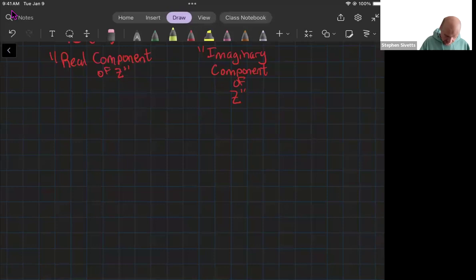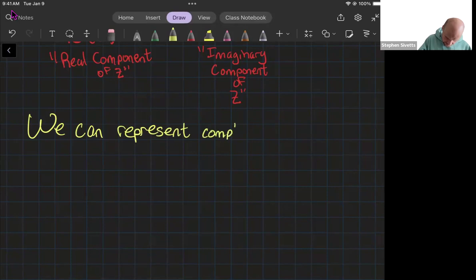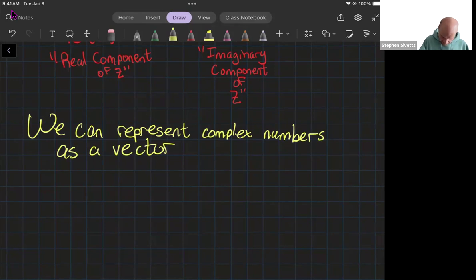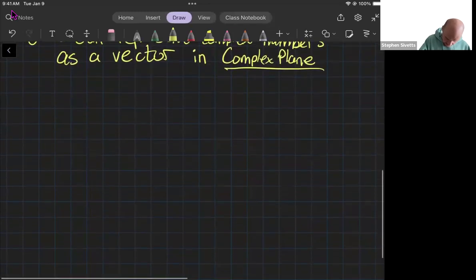So spoilers, in the next section, we can represent complex numbers as a vector, okay, in what's called the complex plane. And here is what the complex plane looks like.